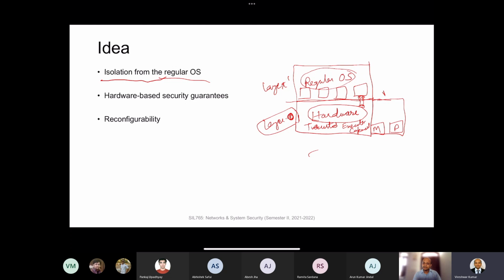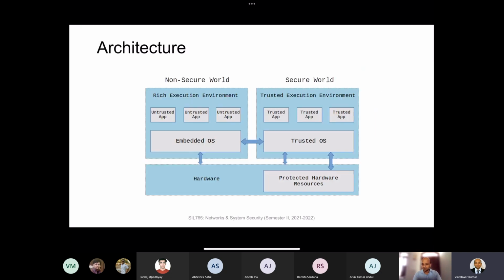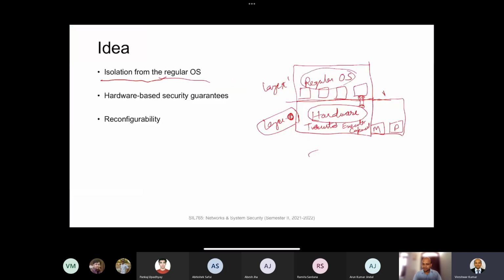So in this layer 0, or layer 2, we have a hardware-based environment which has its own memory, its own processor, and can do computations on its own.